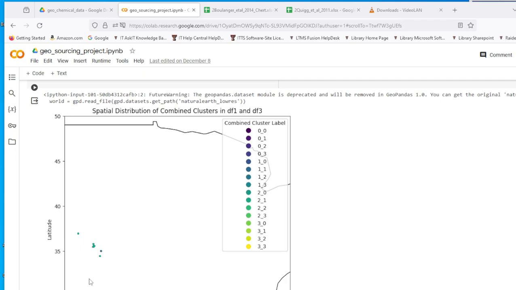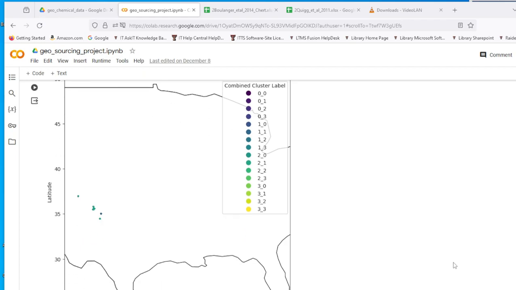Anyways, this here is a map, and I know it's hard to see. These were the samples from the Texas DF1 set. DF3 did not execute, and due to a lack of time I was not able to figure out why. This is using our K-means results.